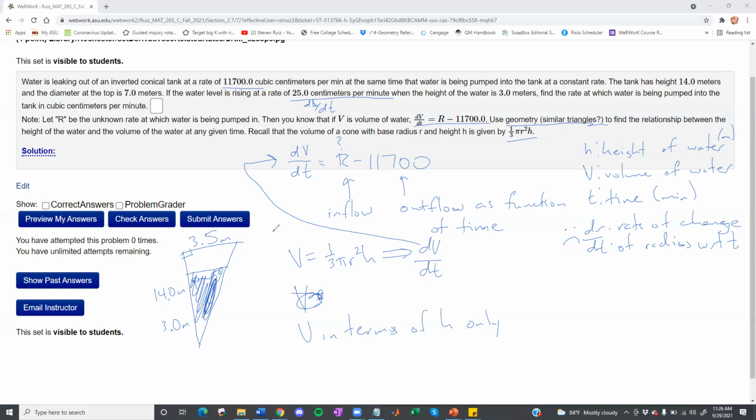Also, I don't think you should take a derivative of this until you can get this volume in terms of height only. You can't usually, but in this case, I know what this cone is shaped like, so you can relate the radius and the height to each other. We've done some examples like that, but really it does rely on similar triangles.